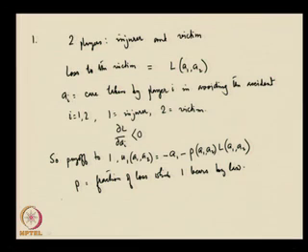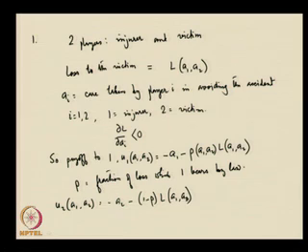Similarly, U2 will be minus A2 minus this: that part which is not covered by the injurer has to be borne by the victim.